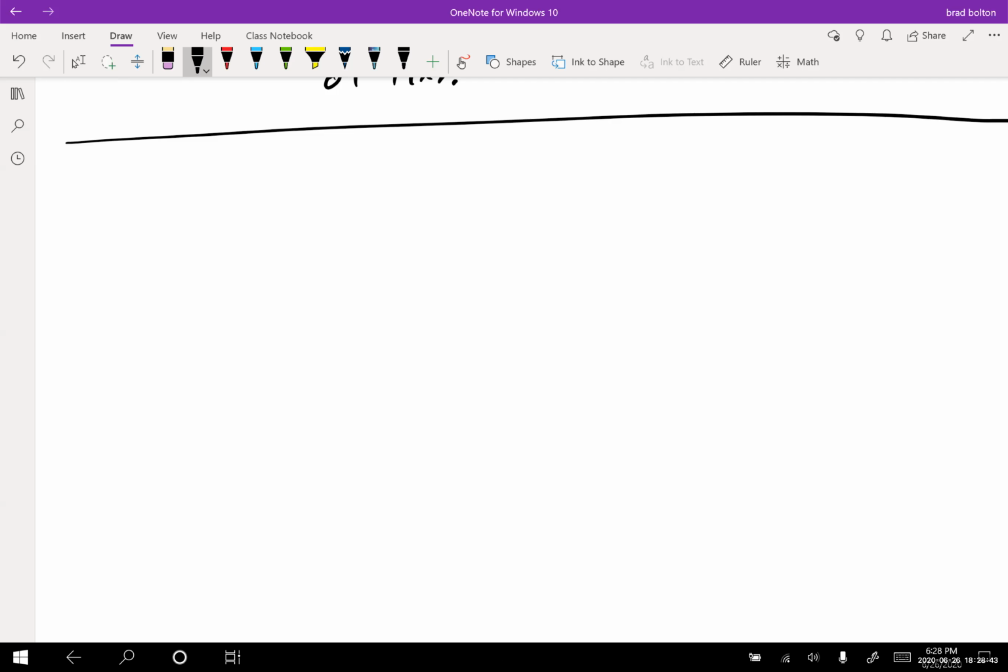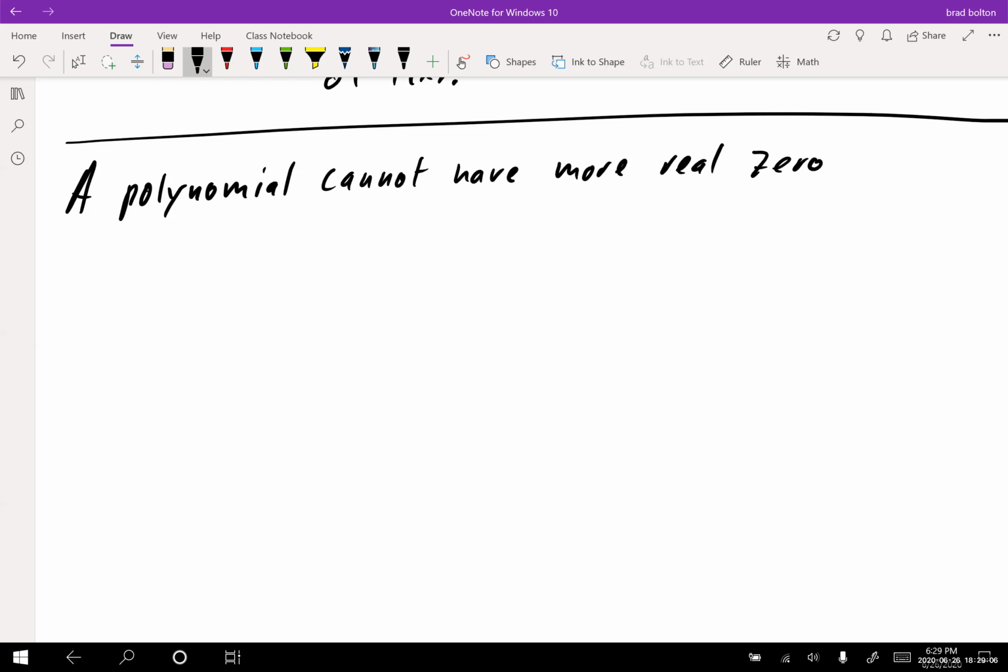So here's a note. I think this is a theorem. I don't have it listed as a theorem. I don't know if this book lists it as a theorem, but a polynomial cannot have more real zeros than its degree.